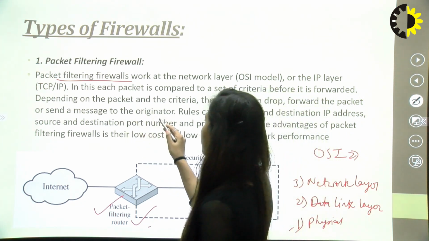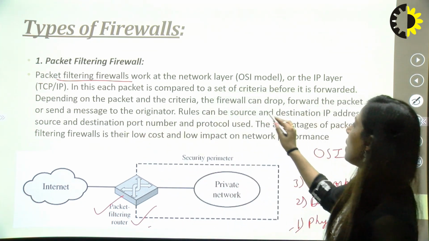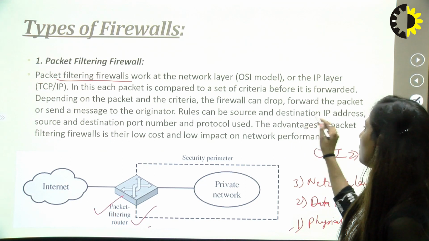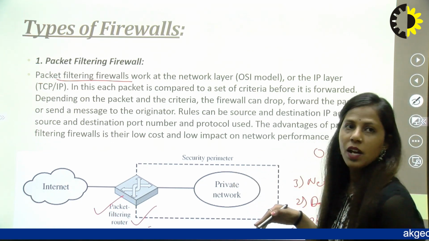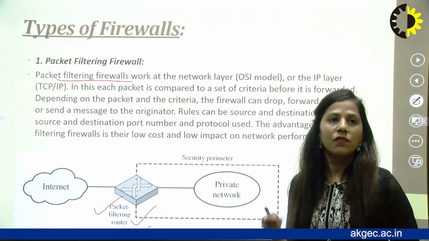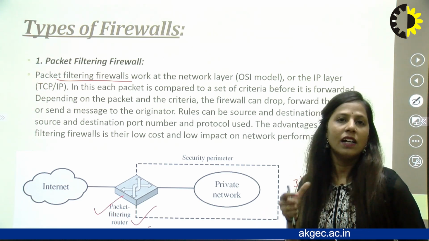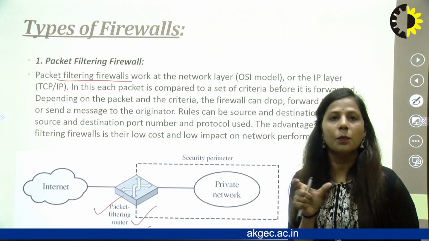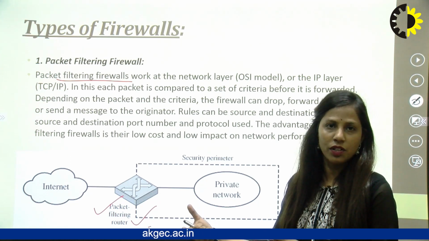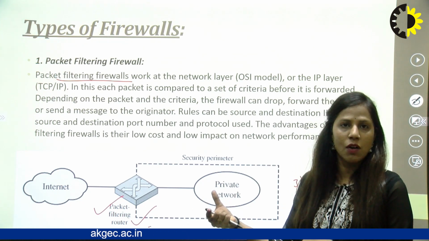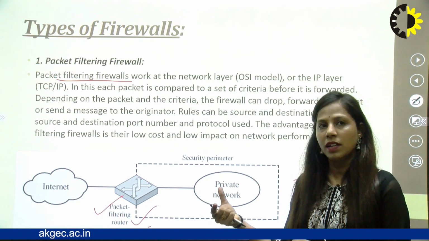Depending on the packet and the criteria, the firewall can drop the packet, forward it, or send a message to the originator. First you check the criteria, and depending on the packet and its size, the information is transferred and forwarded to the next originator, meaning the next router.